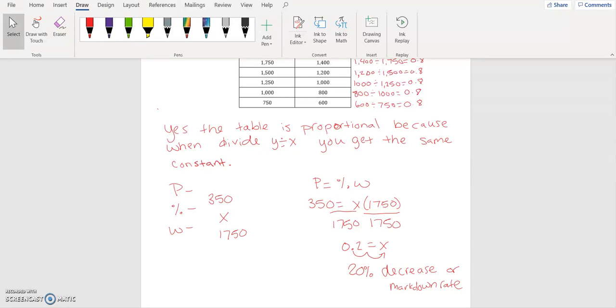So the table is proportional because when you divide y divided by x, you get the same constant. We had the 0.8 every single time.